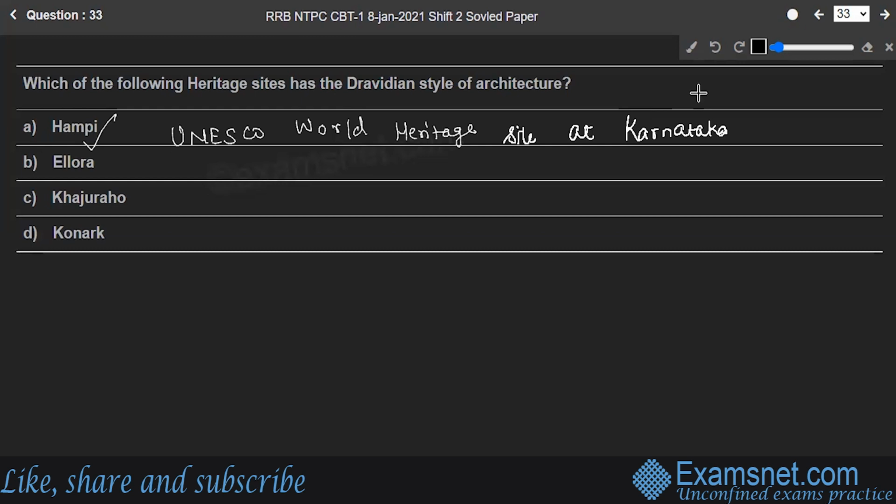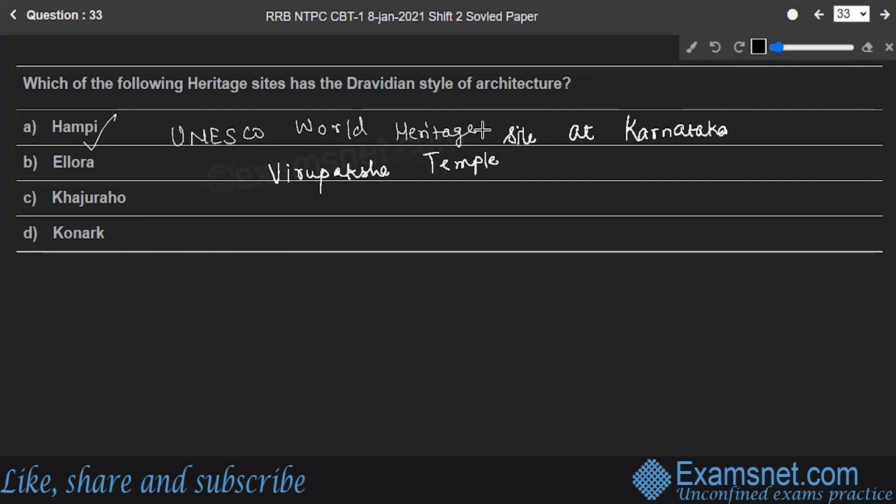The ruins at Hampi are a collection of heritage sites depicting the fine Dravidian style of art and architecture. Virupaksha temple is the most important heritage monument on this site, which continues to be a very important religious center for the Hindus.